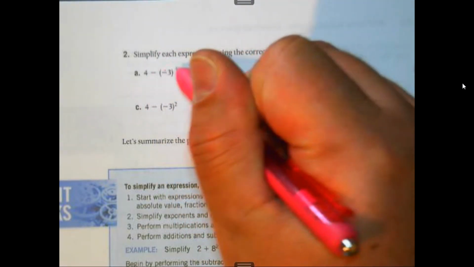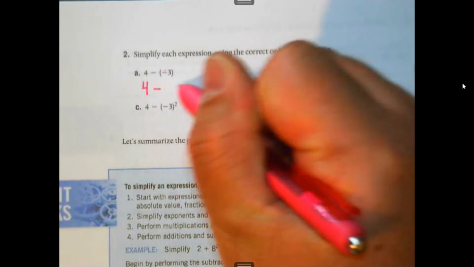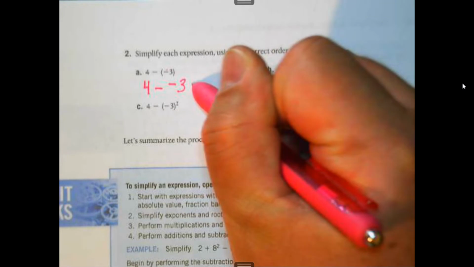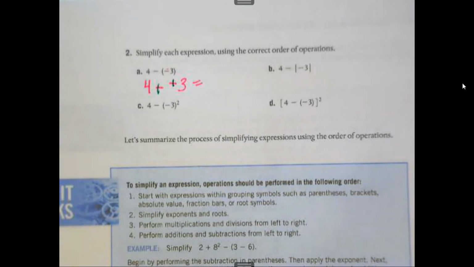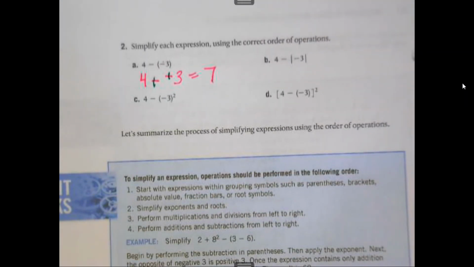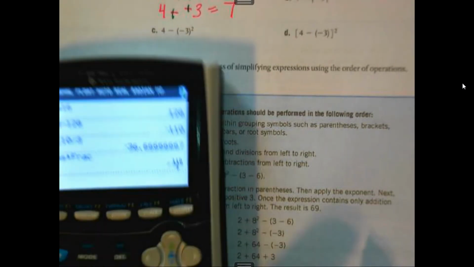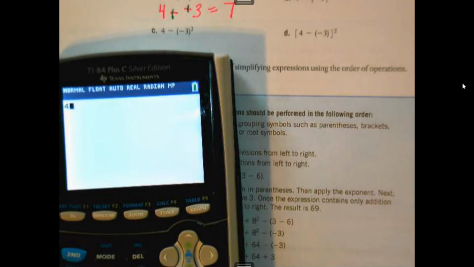I'm subtracting negative 3. 4 minus negative 3. You could always think of this as a two negatives rule back in grade school. And I have 4 plus 3, which is 7. Or if you don't trust yourself, use your calculator. 4 minus negative 3.